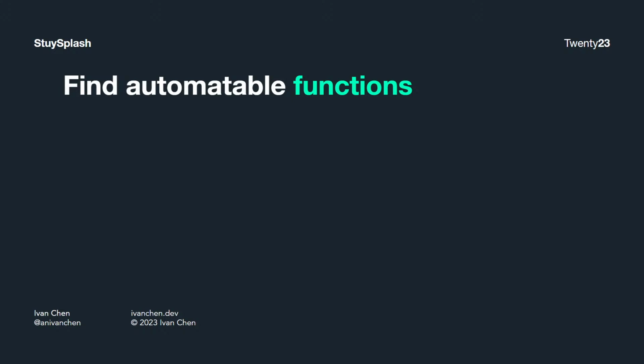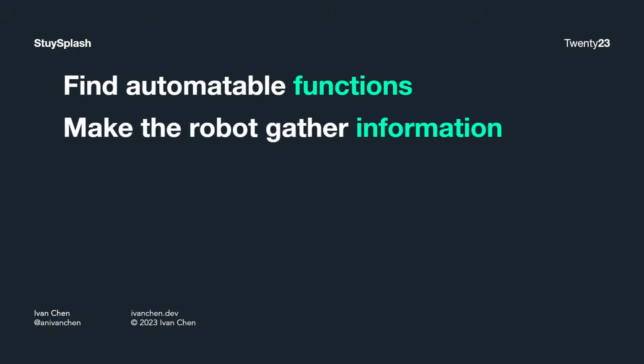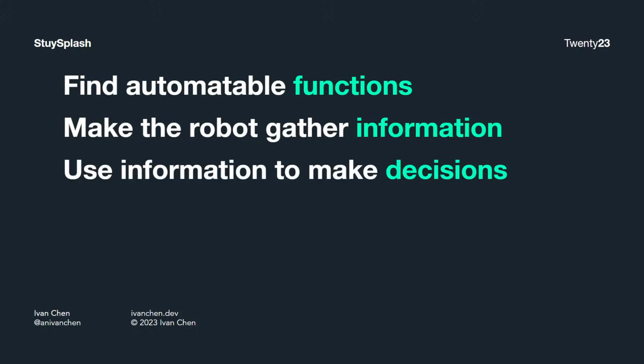This is kind of recycled from my previous presentation, but you first find automatable functions. That's what we've been doing for the past 15 minutes. And then we make the robot gather information from the world and from itself. And then we use that information to make decisions.